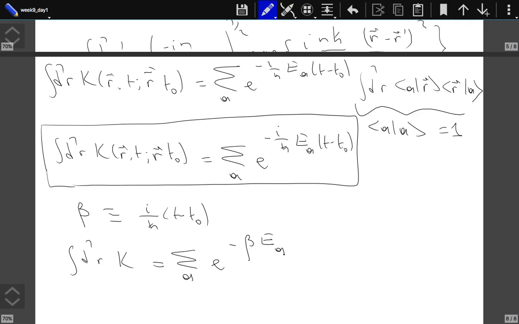Well, this is nothing but the statistical partition function. So basically, whatever you do in quantum mechanics, just using this similarity, you can also use in statistical physics.